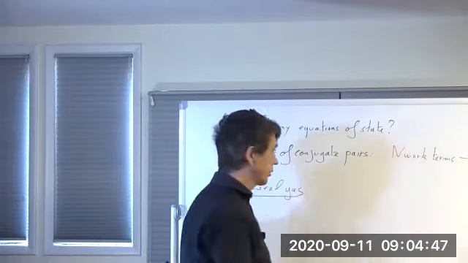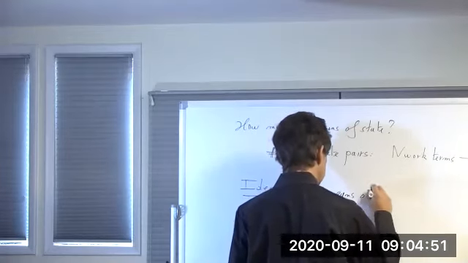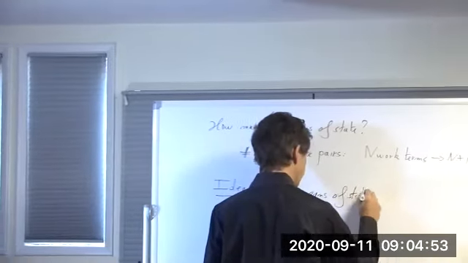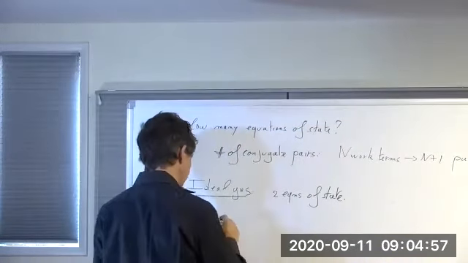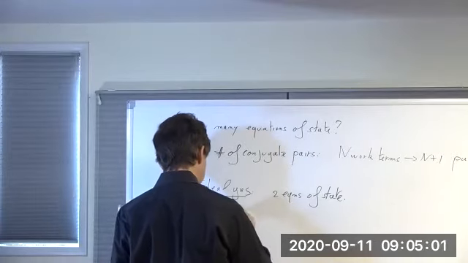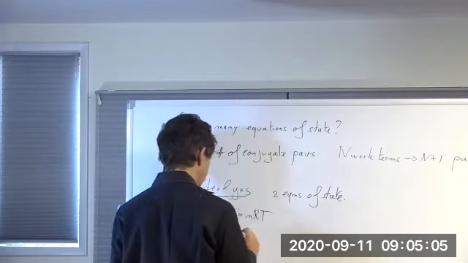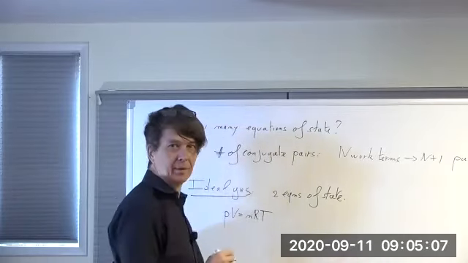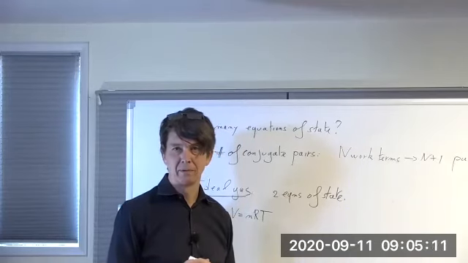I have one work term, so there should be two equations of state. But you know, the not so top tier college I went to only told me PV is nRT, which is 1. So what's wrong with my math?